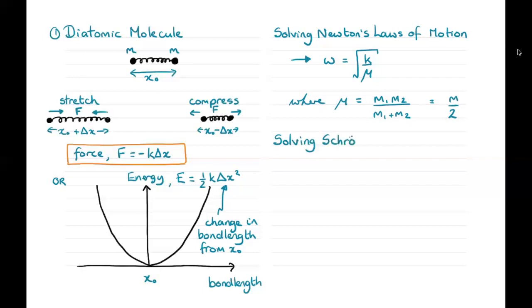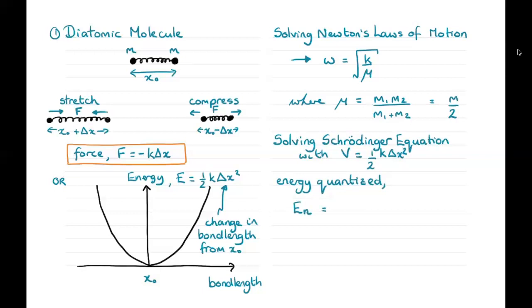So if we instead obtain the quantum mechanical solution, with our potential energy equal to the harmonic energy that we just sketched, a half k delta x squared, then we find that our energy is quantized, with the energy of the nth energy level being given by n plus a half times h bar omega, where omega is the same value as in the classical case, the square root of k over mu, and n can take any integer. This is the familiar solution to the quantum harmonic oscillator problem.